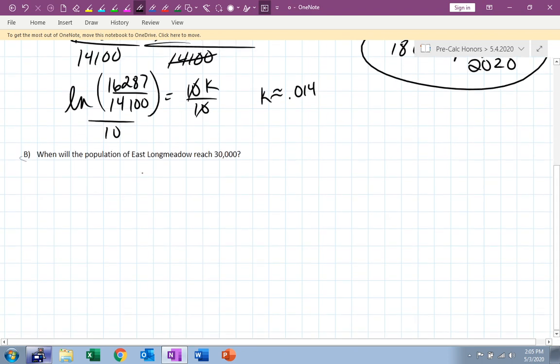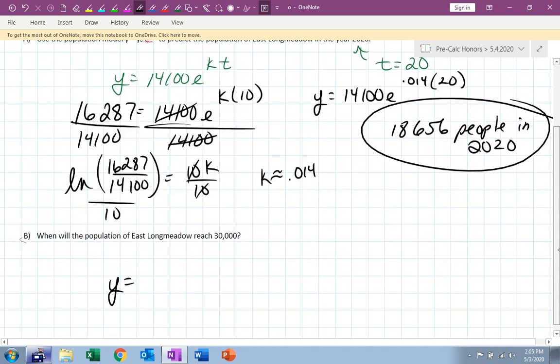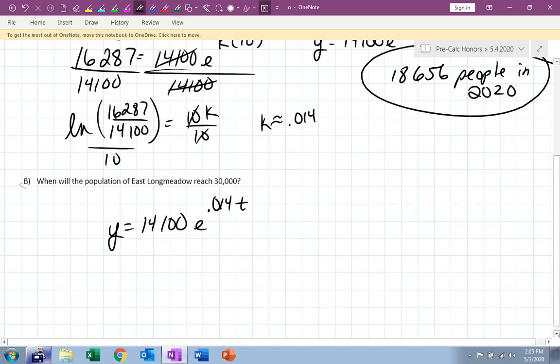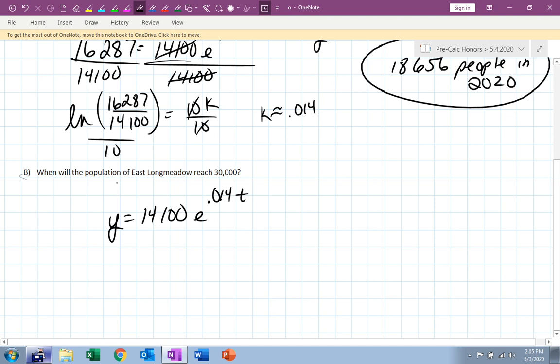To do that, we're going to use our same equation, 14,100 e to the 0.014t. That's our model. But now we know that y is 30,000, not 20,000. And then you just solve for t.